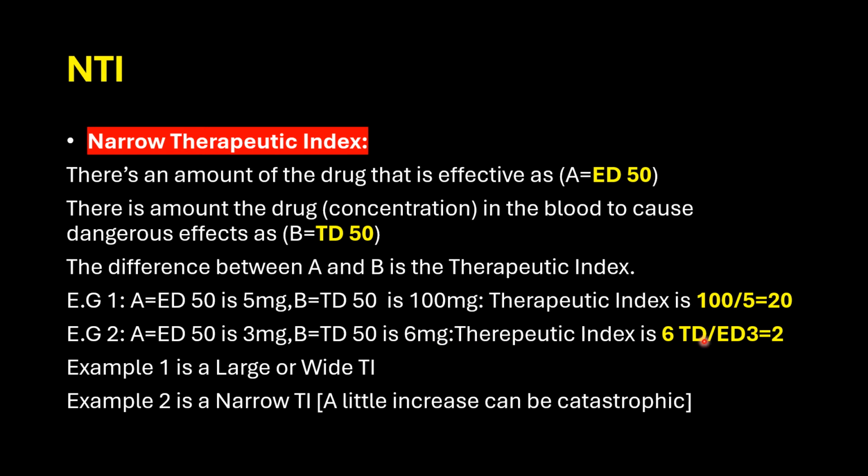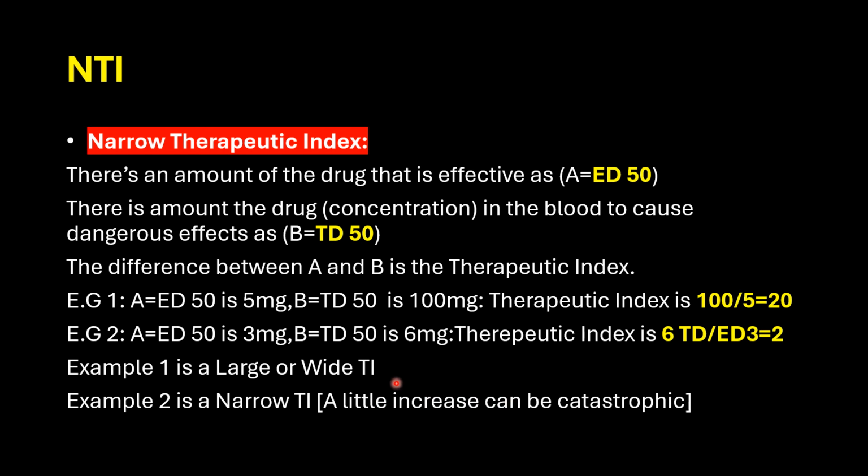Therapeutic index here will be 2. You see that is narrow, is low. So example 1 here is a large or wide therapeutic index. While example 2, which is 2, is narrow therapeutic index, meaning a little increase can be catastrophic.